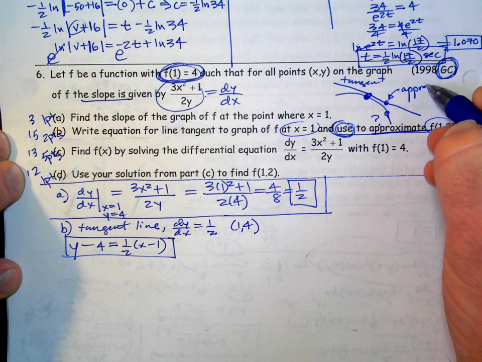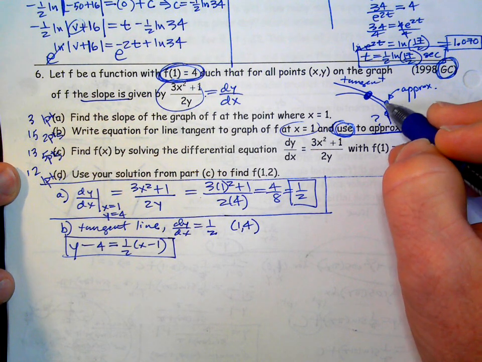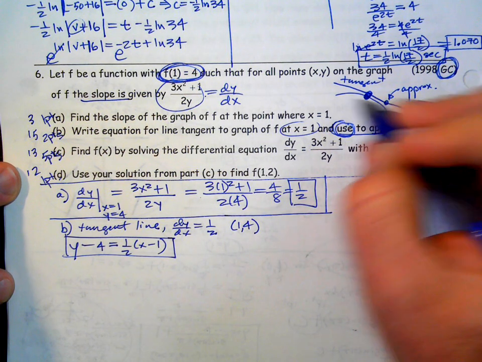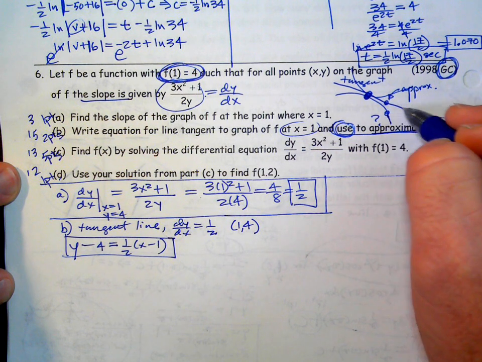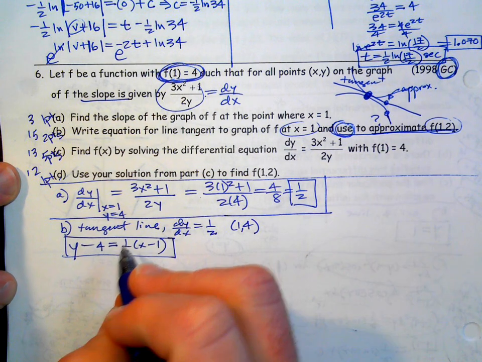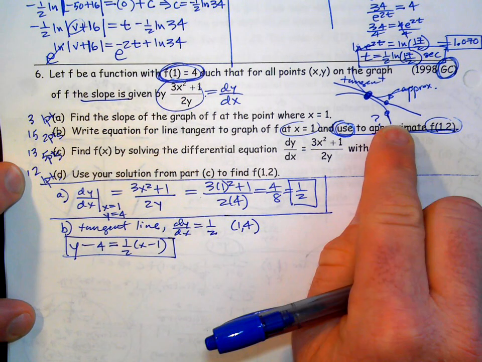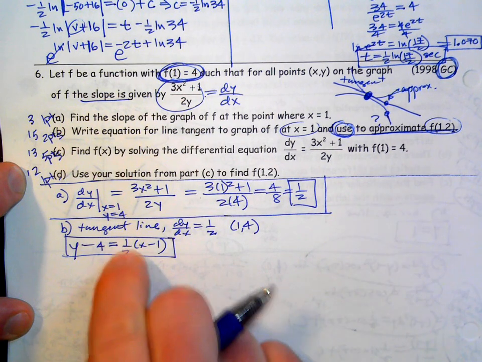And usually the further you go, the worse it gets. But this is an over approximation because if it's concave down, it's an over approximation. If it's concave up, the tangent line is always going to be below the graph everywhere, and it's an under approximation.